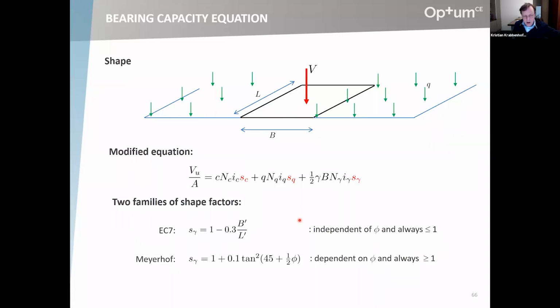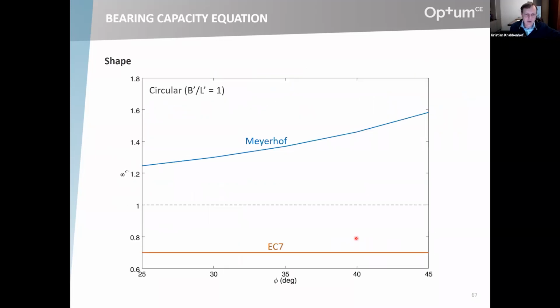Whereas Meyerhof has an S gamma as well, which is also fairly widely used, which has exactly the opposite effect. Oh, there's a B over L missing here. So this applies to a square foundation. Anyway, it's dependent on the friction angle and is always greater than or equal to 1. A circular foundation, for the purpose of shape, is treated in the same way as a square foundation, so B and L equal to 1.